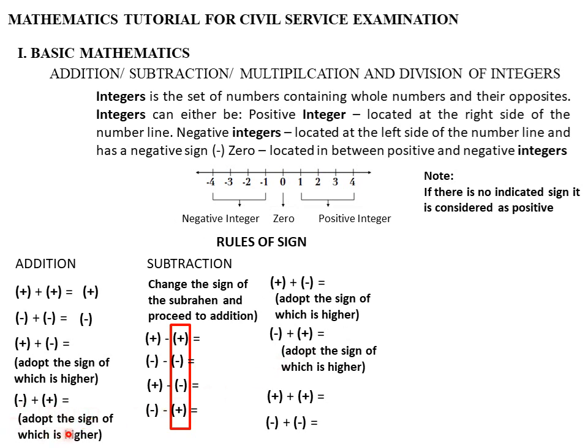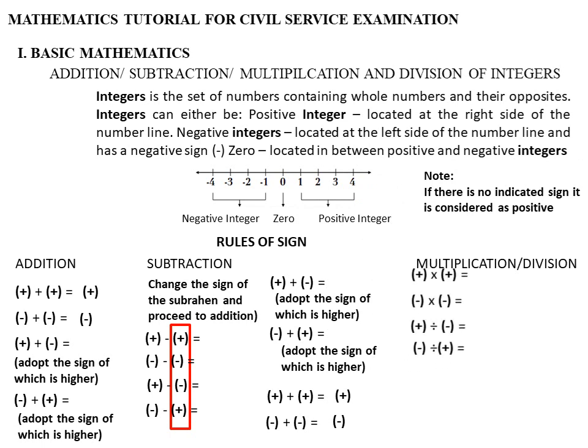And then positive plus positive is positive, and negative plus negative is negative. Okay, so let's proceed to multiplication and division. Multiplication and division is easier in terms of rules of sign. And then it has the same rules.